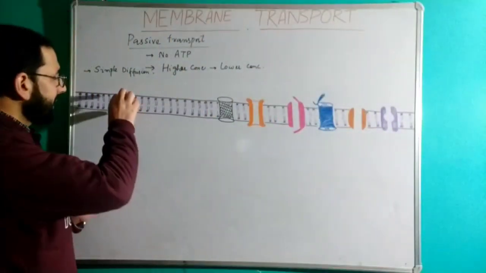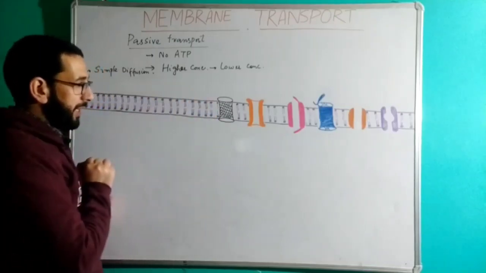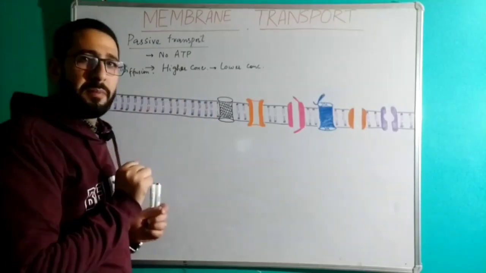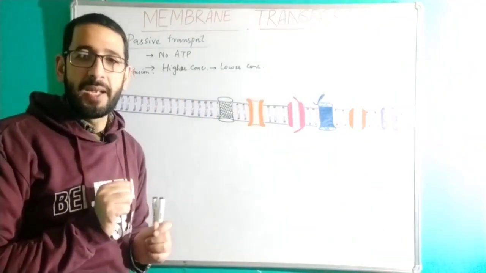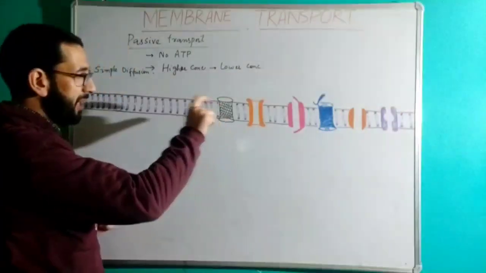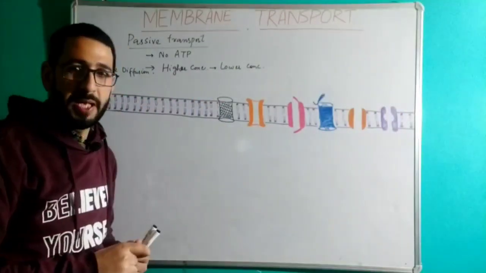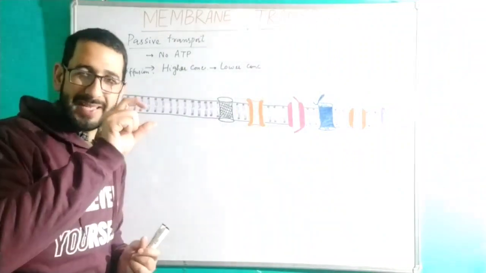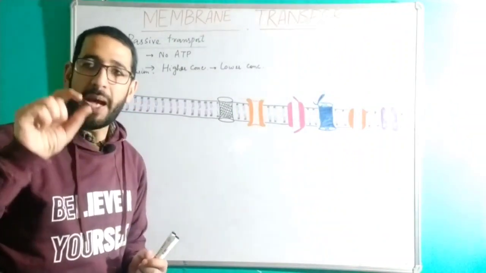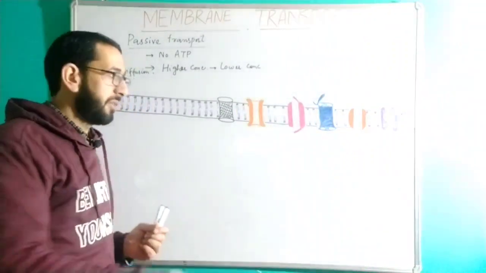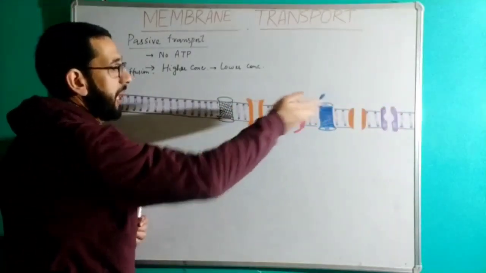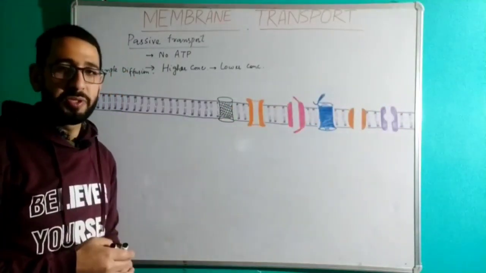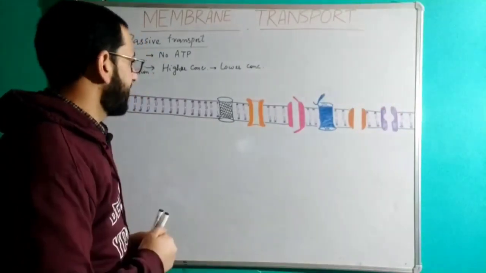Here is the plasma membrane, and we all know that the plasma membrane is a phospholipid bilayer. When we talk about the composition of the plasma membrane, it is composed of that phospholipid bilayer, and it has cholesterol in between, and it has all these different types of proteins we are going to talk about in facilitated diffusion.